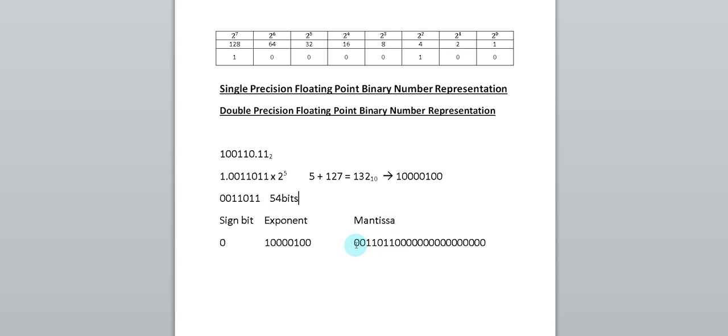So in short, we are going to substitute a lot of zeros to make these 7 bits into the 54 bits.